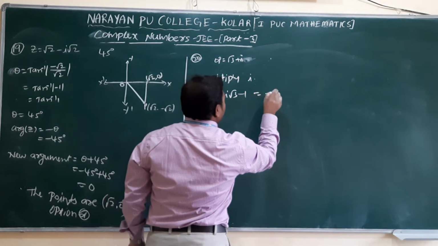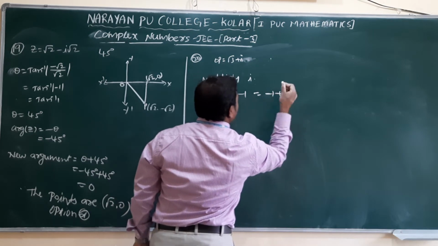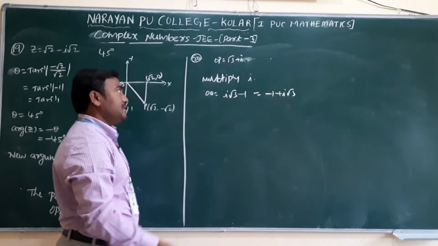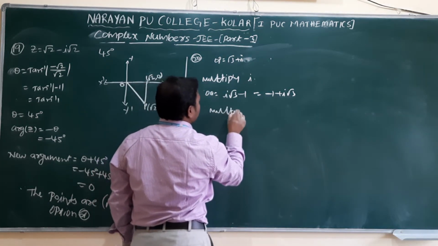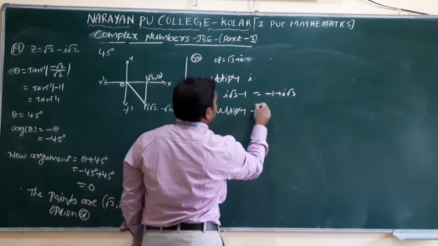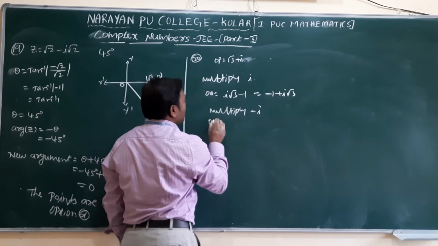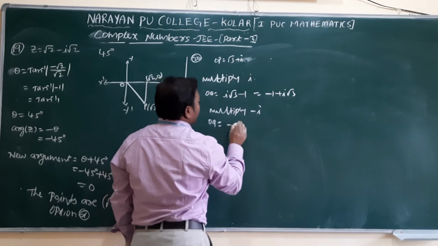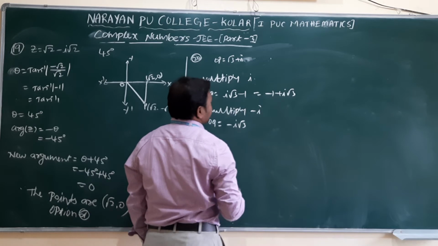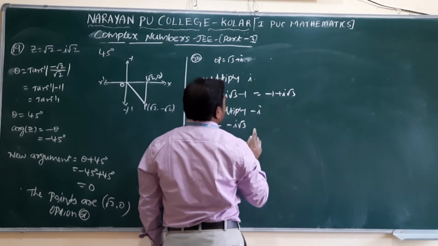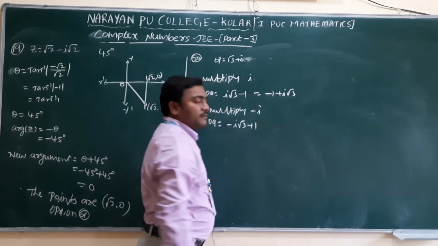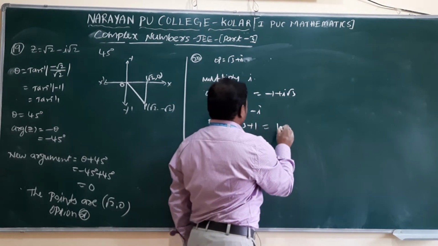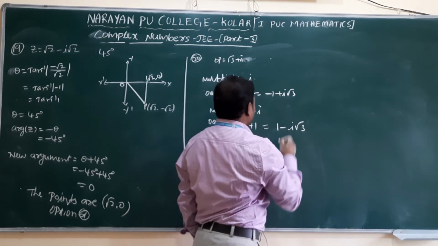So minus 1 plus i root 3. Multiplying minus i with OP, we get OQ is equal to minus i root 3 minus i square, the value of minus of minus 1, plus 1. We are getting 1 minus i root 3.